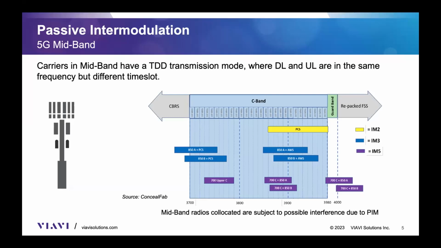So in essence, even though we might have PIM between the mid-band carriers, it is not going to be interfering with the uplink, unless any of those carriers have a timing problem. And if so, then the downlink is going to be landing in the uplink, and certainly is going to have interference problems.